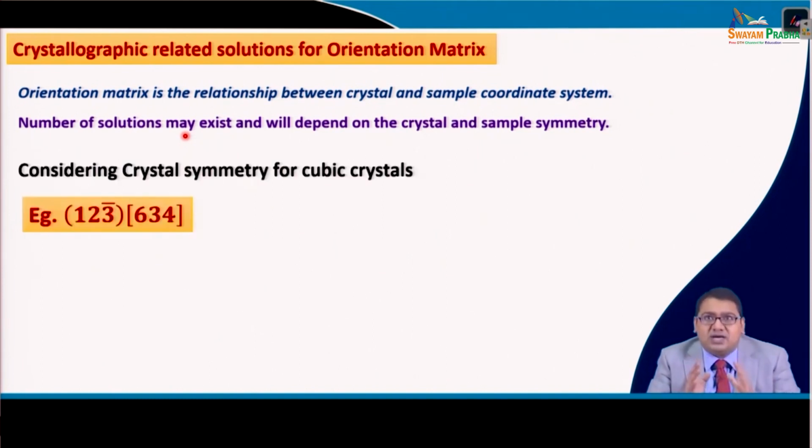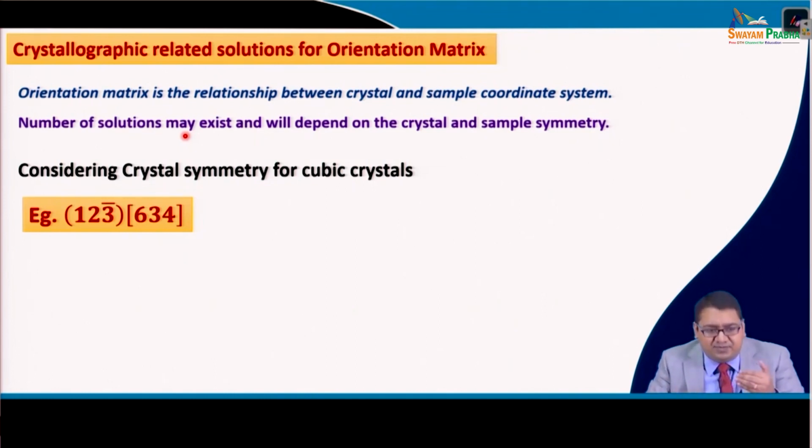So, let us start with a nice example considering the crystal symmetry for cubic crystals. The example is: the ND plane is (1, 2, 3 bar) and the RD is [6, 3, 4].